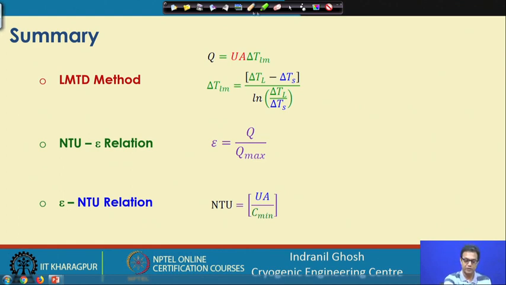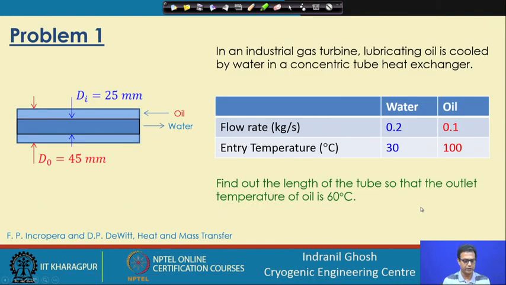We have taken this example from the Incropera and DeWitt heat and mass transfer book, and it deals with an industrial gas turbine heat exchanger, where the lubricating oil is cooled using water in a concentric tube heat exchanger.